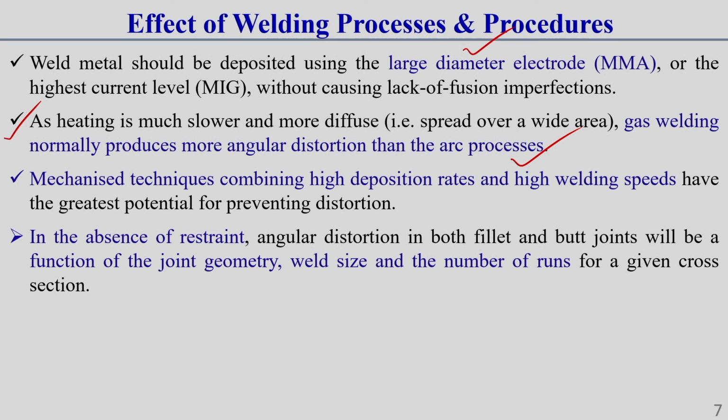If a welding structure does not provide any restraint, then without restraint the welding deformation depends on what? It depends on joint geometry, weld size and number of runs, which I have already told you. Okay.